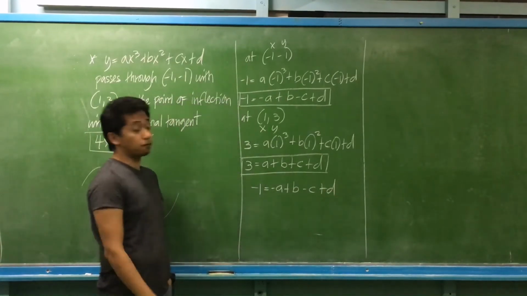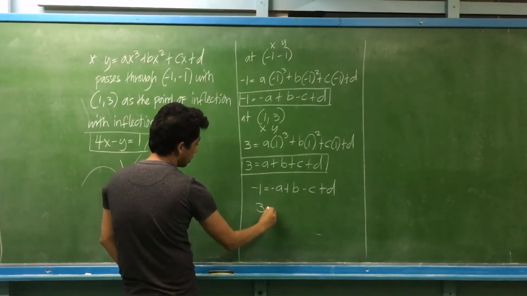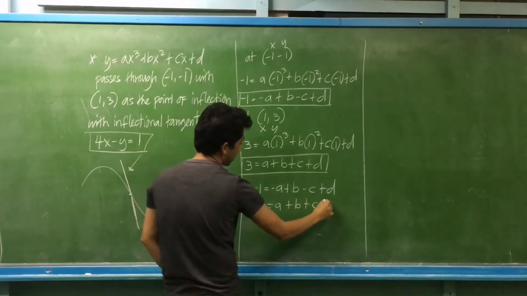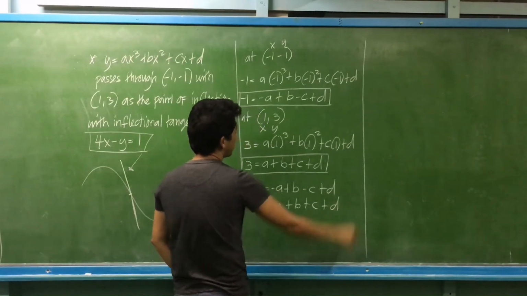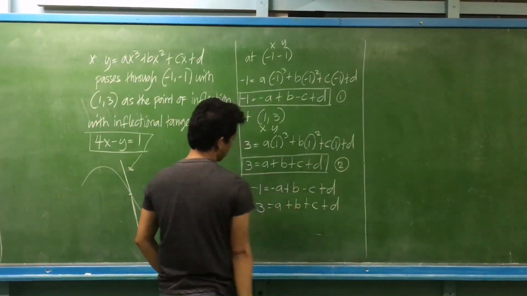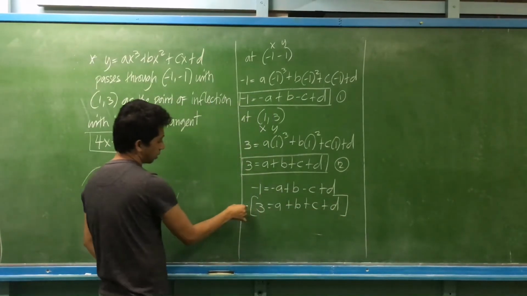I'll be performing elimination. So let's say this is 3 equal to a plus b plus c plus d. Ang gagawin ko will be equation 1 minus equation 2. So tingnan natin kung ano yung magiging result.